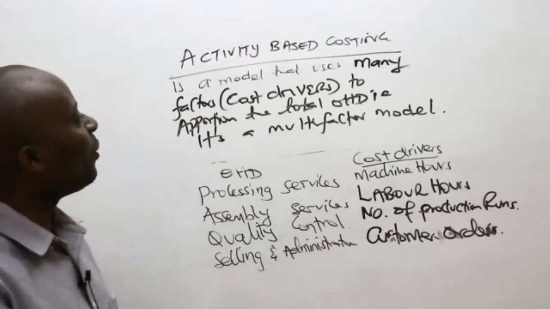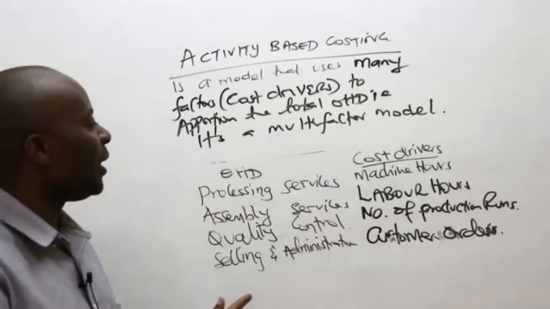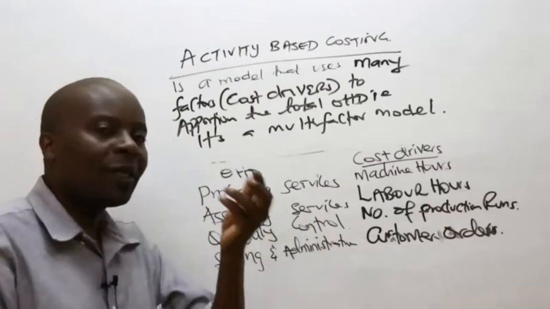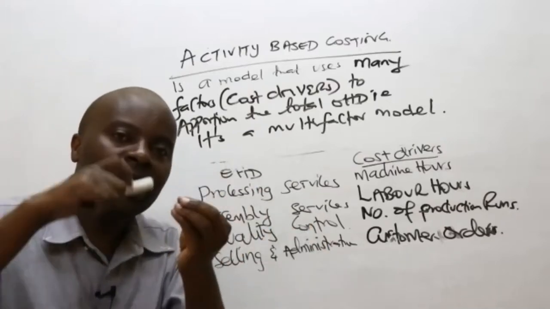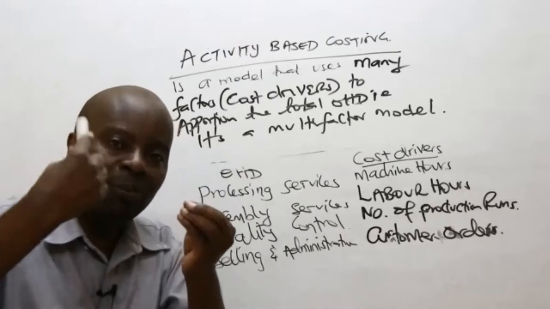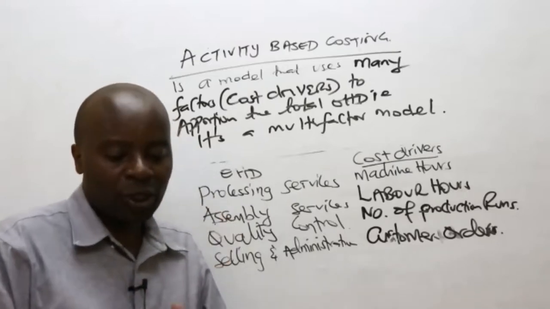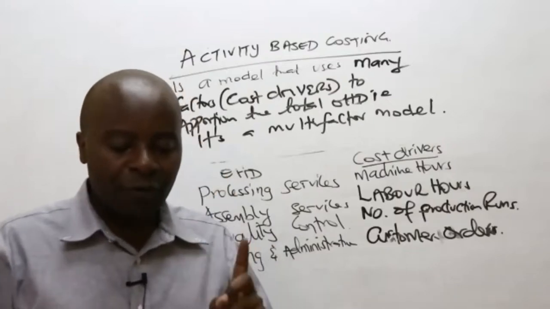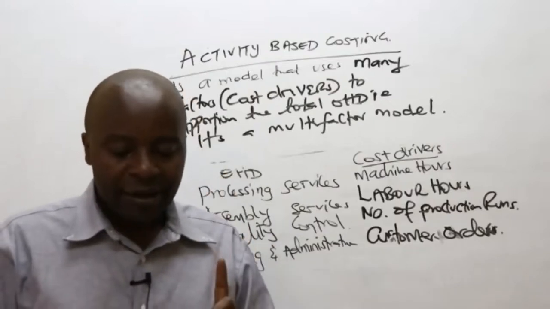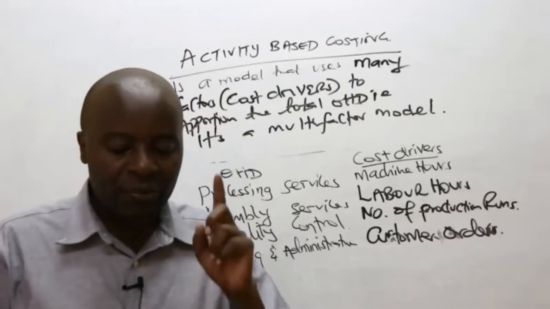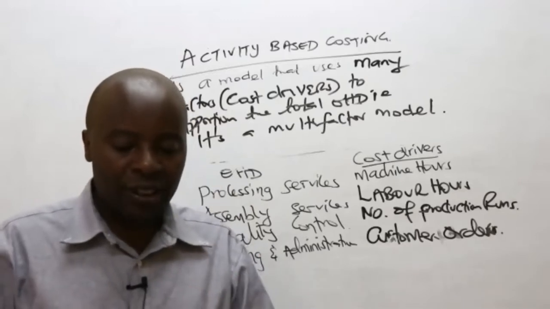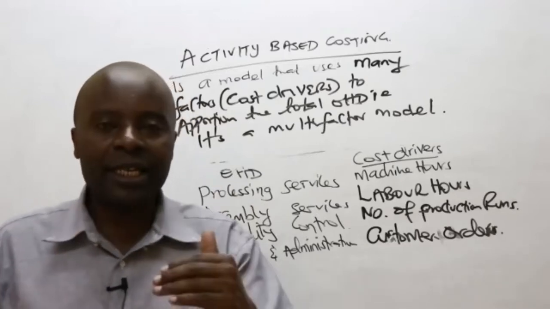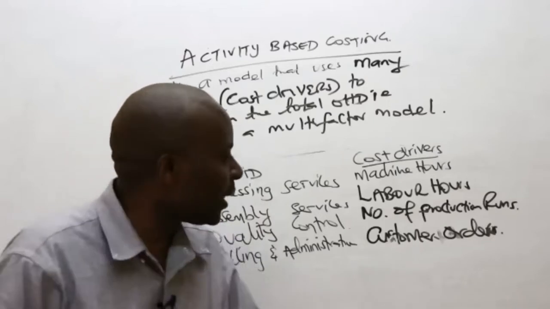Now, ladies and gentlemen, when it comes to this ABC, we must analyze our total overhead to see the structure, to see the components. In this question, additional information number one, they have given us the company's budgeted overhead cost for the coming period. You can see our overheads are listed there.